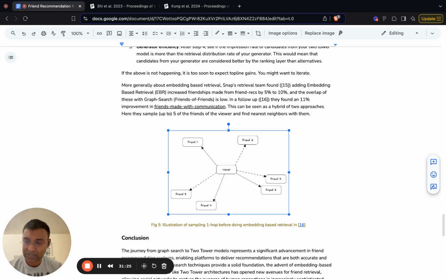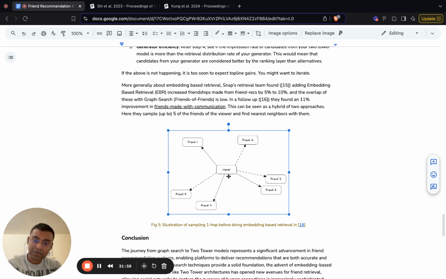How we sample, they talk about a few methods in the paper, recency and how engaged they are in this relationship. So maybe viewer and friend 4, they chat all the time, but viewer and friend 2, they almost never do. So engagement, recency, maybe geography, etc. How to sample the first edge is a topic in itself.